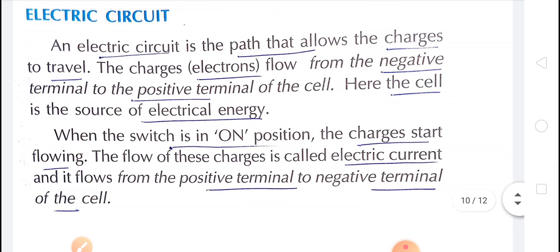Next, children, electric circuit. What is an electric circuit? I told you, it is a path that allows charges to travel. Basically charges, that is electrons, travel from the negative terminal to the positive terminal of the cell. When the switch is in the on position, the charges start flowing, and these charges are called electric current, and it flows from the positive terminal to the negative terminal.